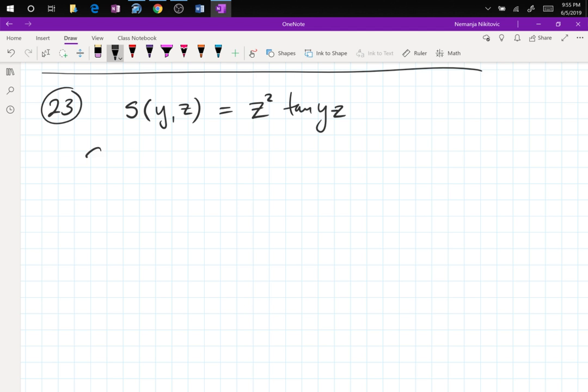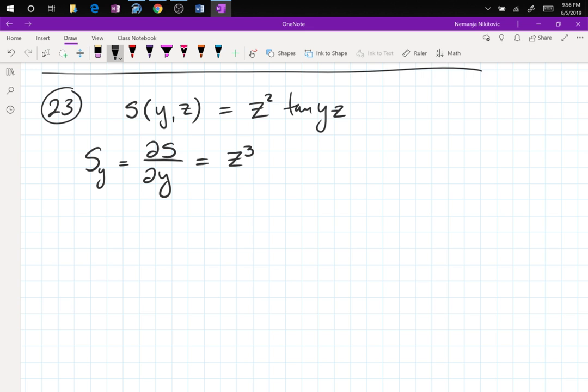So what is Sy, which is the partial derivative of S with respect to y? Not x, sorry, y. You're right, actually, the answer for x is 0. For partial y, this z is a constant, and it will jump outside, which would make it immediately z cubed. Z squared there is constant.